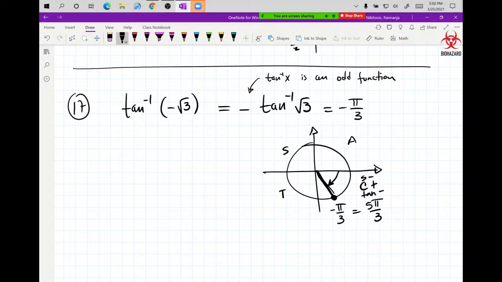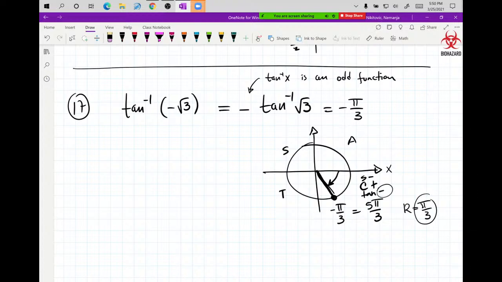If you look at this, you will have your reference angle R as pi over 3, because the closest x-axis is the positive x-axis and it's pi over 3 away. And the tangent is negative. So here is your negative and here's your pi over 3. That's what we have.